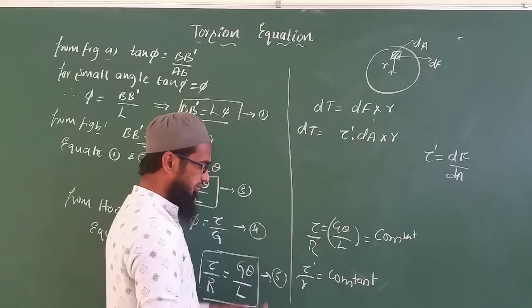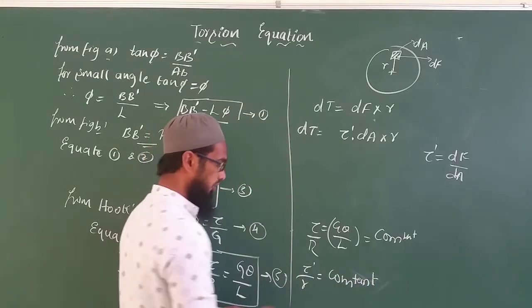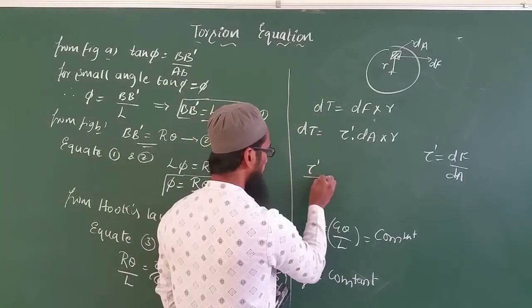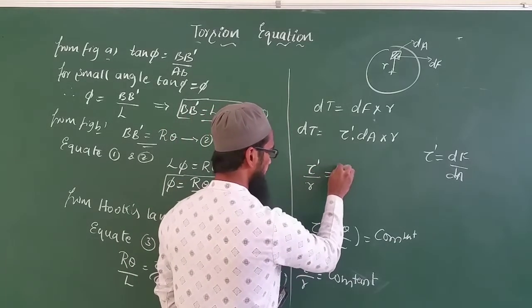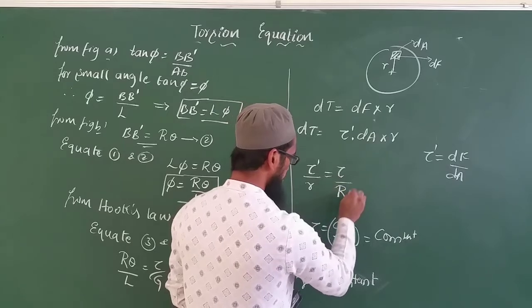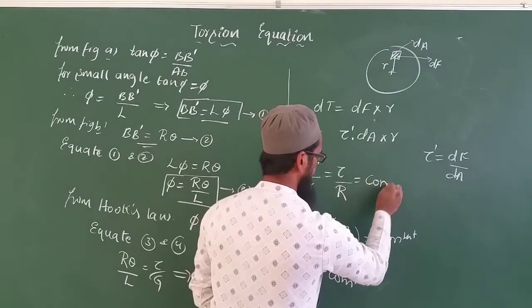Now by using this constant condition, I can write tau dash by r is equal to tau by r is equal to constant.